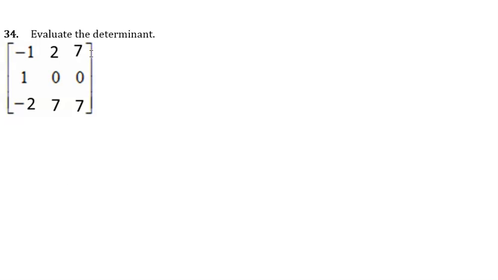Number 34, evaluate the determinant. So there's multiple ways you could do this. One way that looks like a lot of you are wanting to do is the cross product thing. So we just rewrite the first 2 columns.